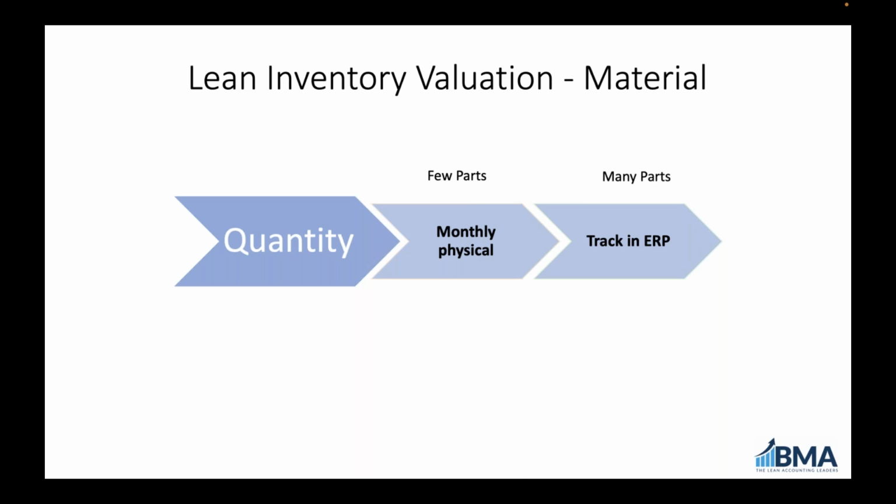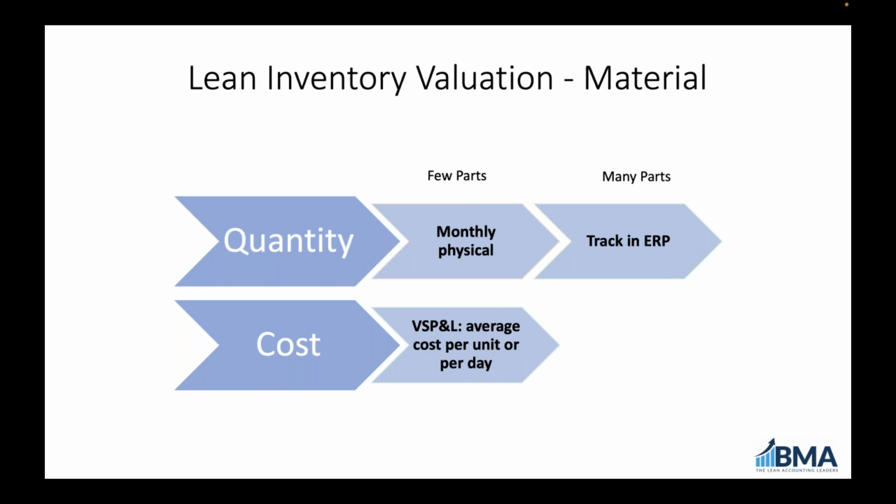So they didn't really worry about tracking all that in ERP. In terms of the cost that you use in valuing material, if you have few parts, you can use the average cost per unit or average cost per day on your value stream income statement.